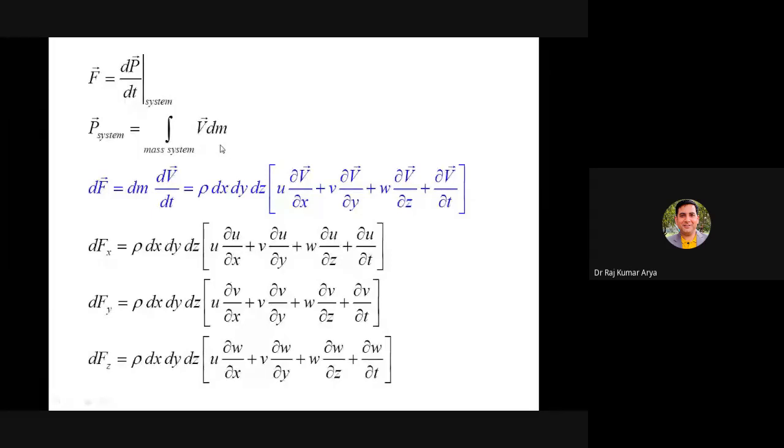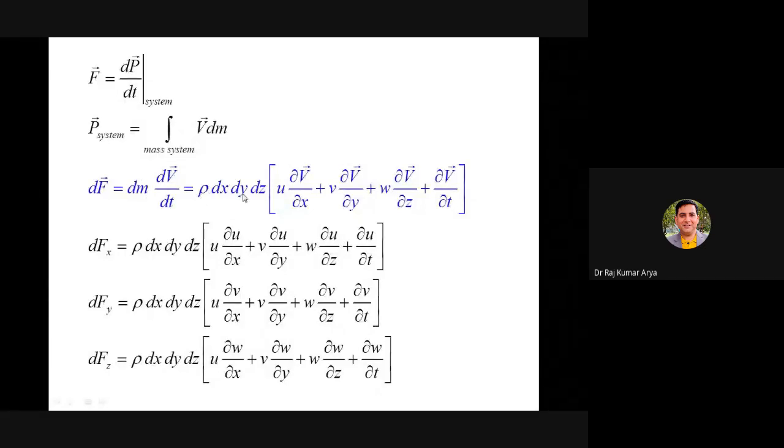Fine. Now force can also be defined in this way: differential force is mass into acceleration, right? So you have here the differential mass dm. Acceleration is already taught to you, that is dv upon dt. If you know the velocity vector, just find dv upon dt, and that is your acceleration. Now the mass of the particle can be its volume, dx dy dz, multiplied by density.